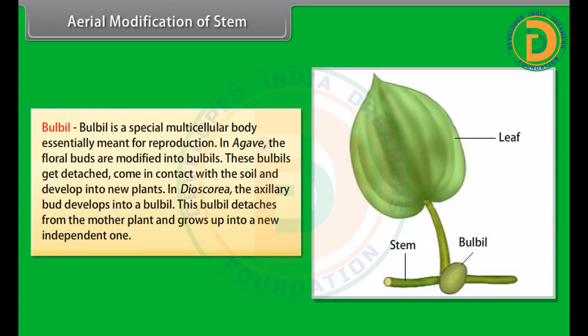Bulbil is a special multicellular body essentially meant for reproduction. In agave, the floral buds are modified into bulbils. These bulbils get detached, come in contact with the soil, and develop into new plants. In Dioscorea, the axillary bud develops into a bulbil. This bulbil detaches from the mother plant and grows up into a new independent one.